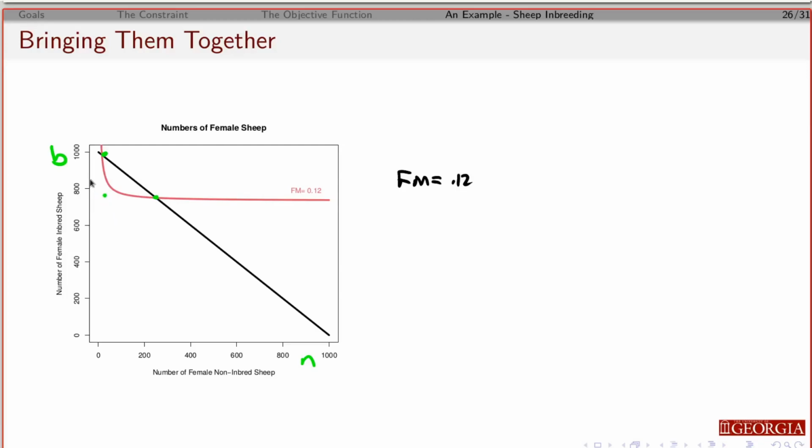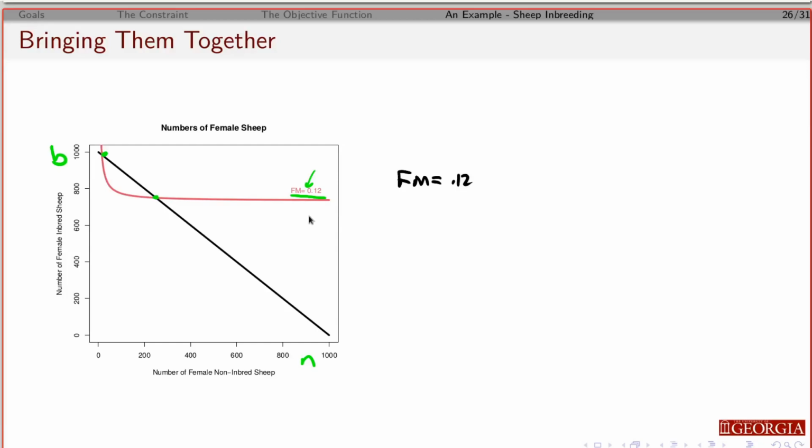So that's one possible way that I could have gotten a mass of 0.12 kilograms per sheep. The other way is up here, so this is going to be around 950 or so. Right? If I was there, then I could get the same amount of fleece per sheep. So there's two ways I could do this if you tell me you want to get 0.12.